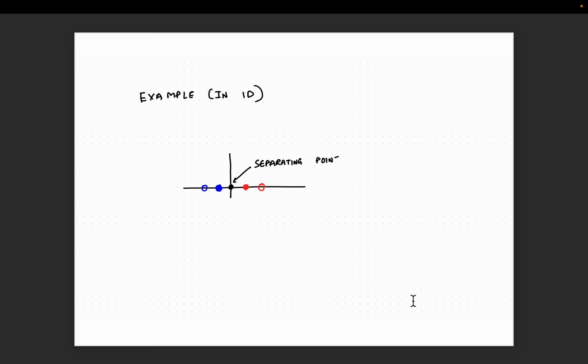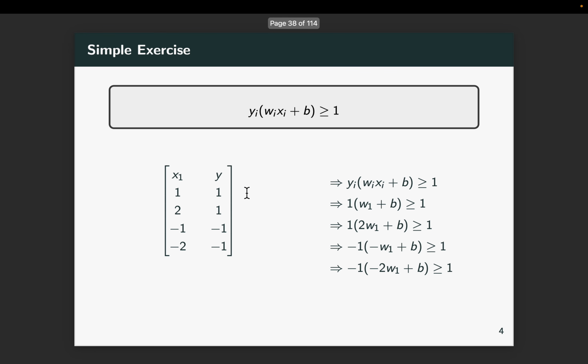We then took an example in 1D where we said that the dark blue point and the dark red point are going to be your support vectors because these are the points which are closest to the separating hyperplane. Corresponding to the 4 inequalities, each point introduces an inequality.